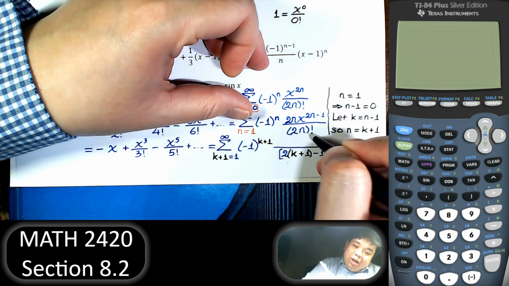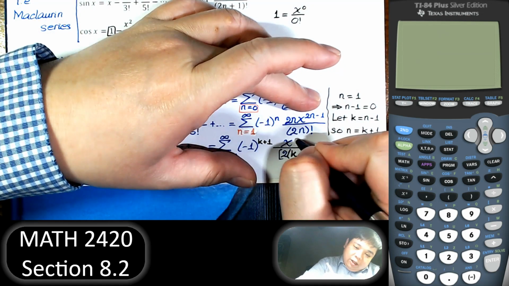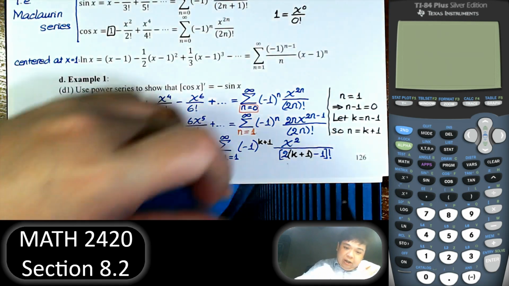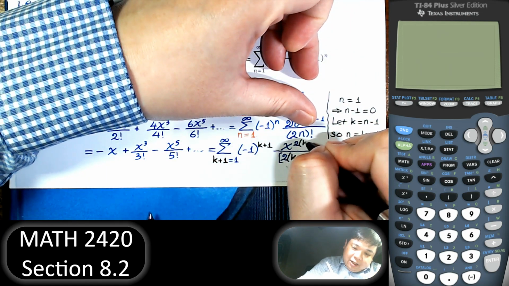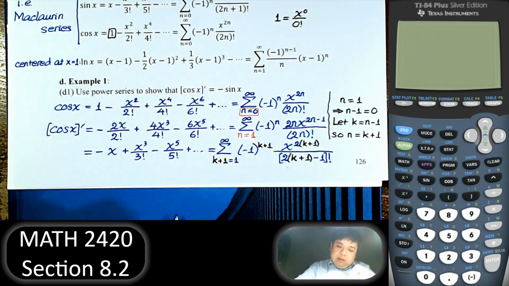And then 2n and 2n cancel out. On the top we have x to the 2 times k plus 1 minus 1.